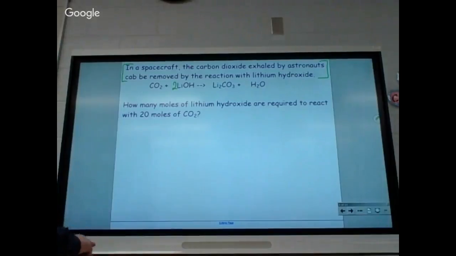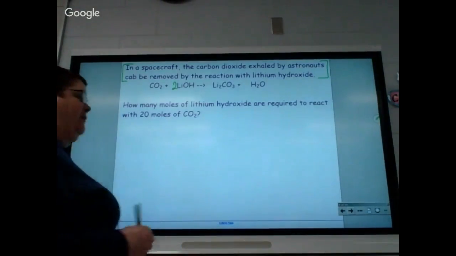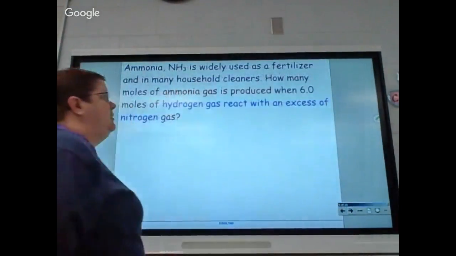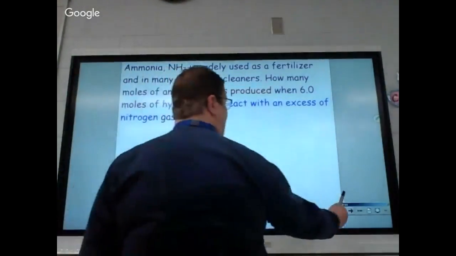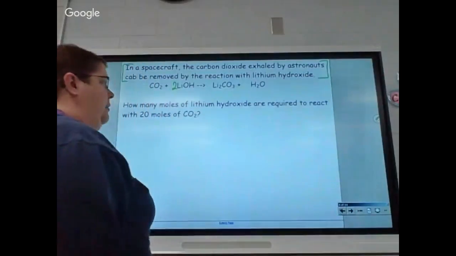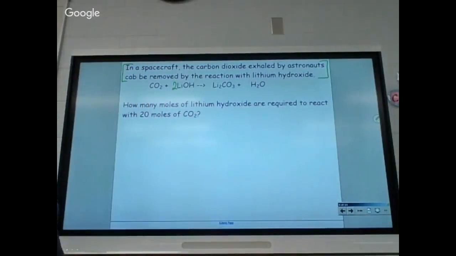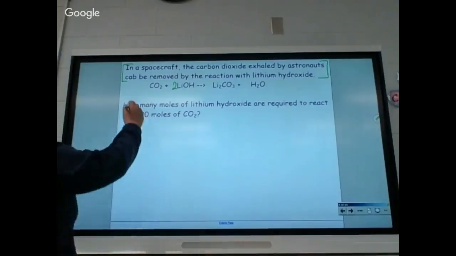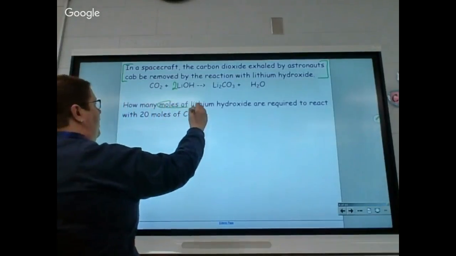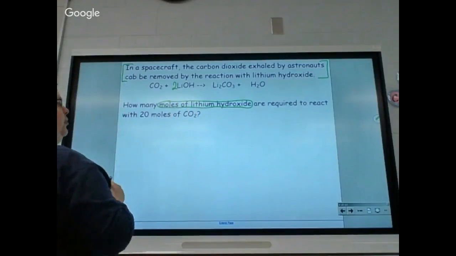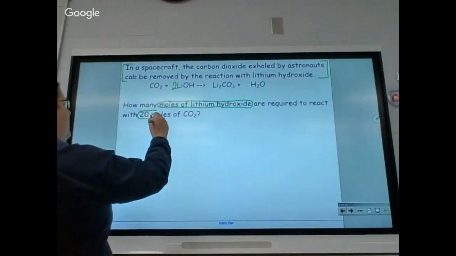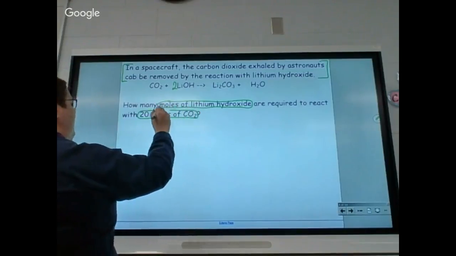Now, how is this question different from anything we've worked prior? First of all, it has a balanced equation. But if I flip ahead one question, does this one have a balanced equation written for you? No. So all of them are not going to have a balanced equation written for you. So when you read the question, how is it going to look different? How many moles of lithium hydroxide are required to react with 20 moles of carbon dioxide?